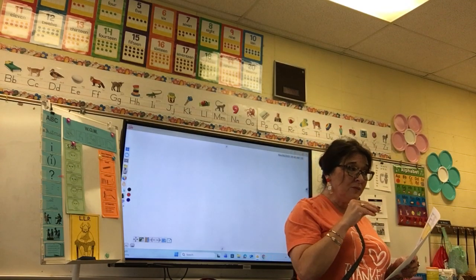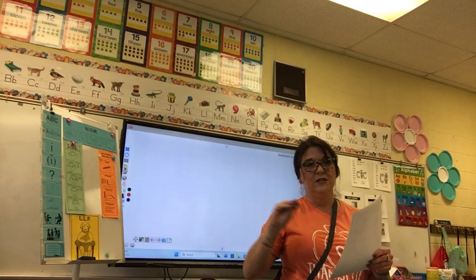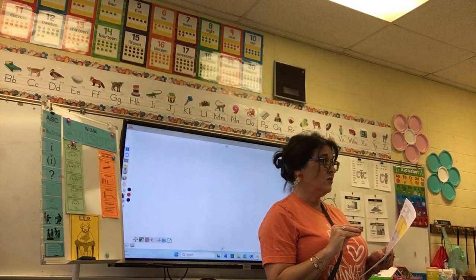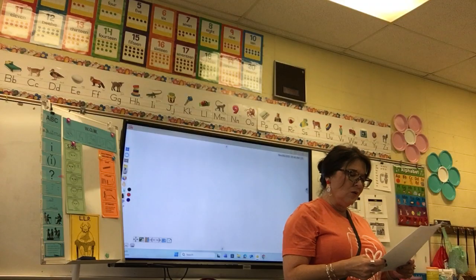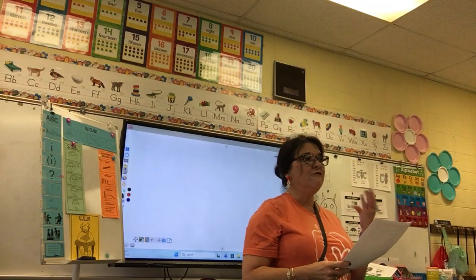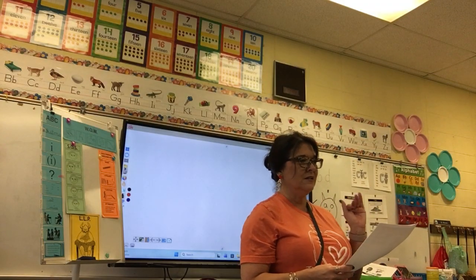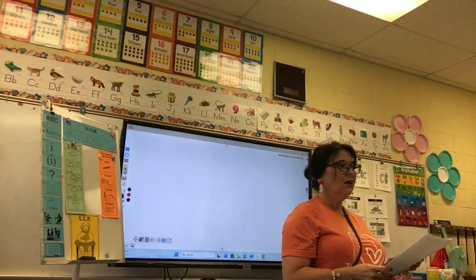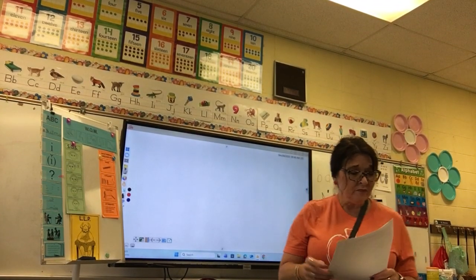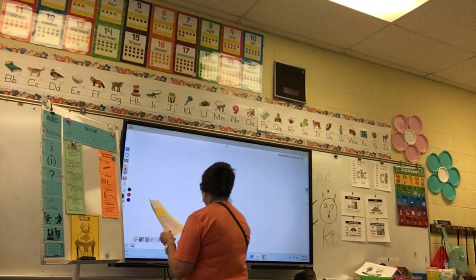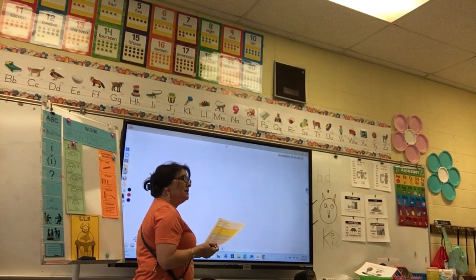Is that a clipped sound or a continuant sound? It's clipped. You can't continue that one. Good job. Is this going to be more of a vowel sound or a consonant sound? Consonant. But it's a little bit different than our normal consonant sounds.